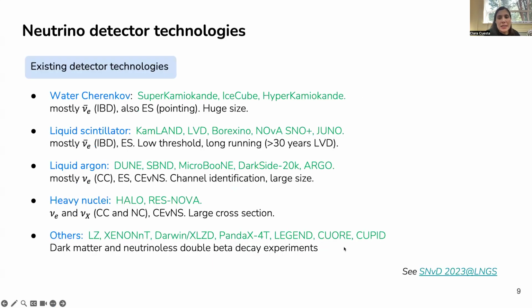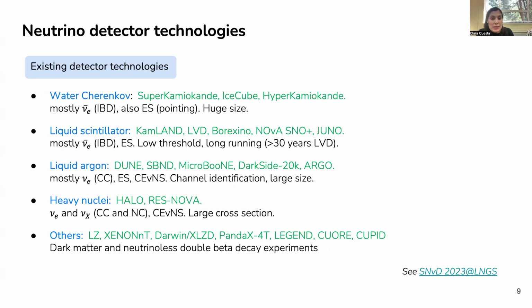We can see this complementarity in the different detector technologies that are available nowadays. First, we have the water Cherenkov detectors like Super-Kamiokande, IceCube, and Hyper-Kamiokande. They are mostly sensitive to electron antineutrinos through inverse beta decay and to electron scattering, which gives pointing information. Their main advantage is the huge size of these detectors.